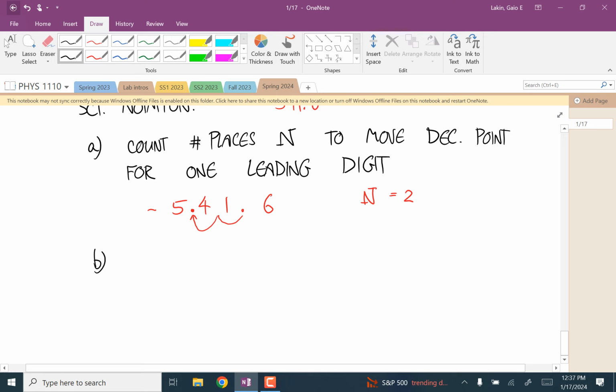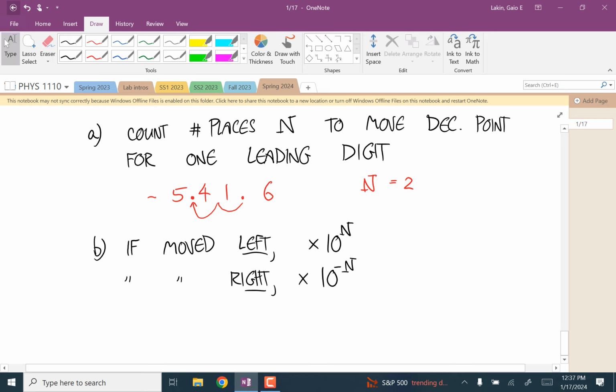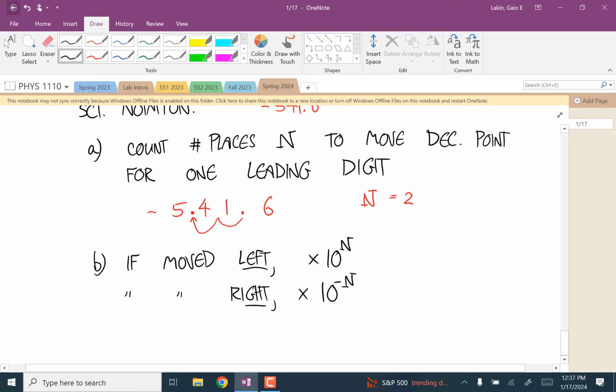Now, second, if you move the decimal point to the left, then you're going to multiply by times 10 to the positive N. If you move the decimal point to the right, then you're going to multiply by times 10 to the negative N. Okay, in this example, did I move the decimal point 2 places to the left or 2 to the right?